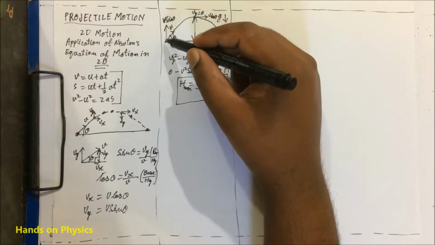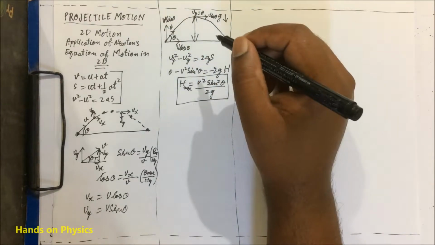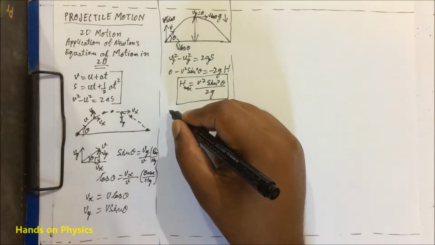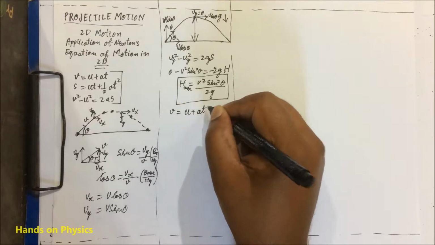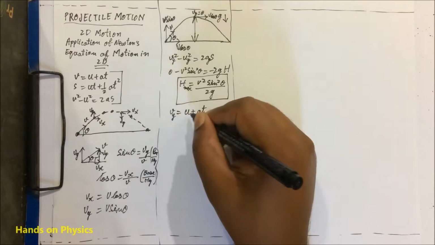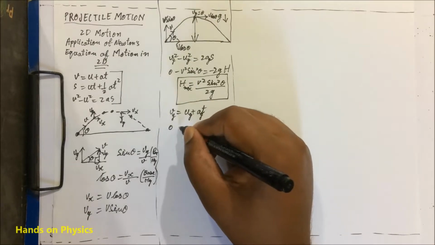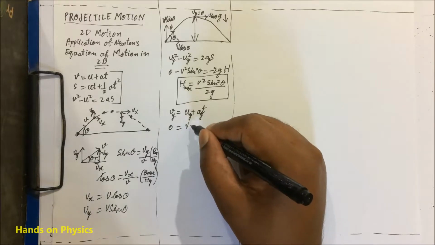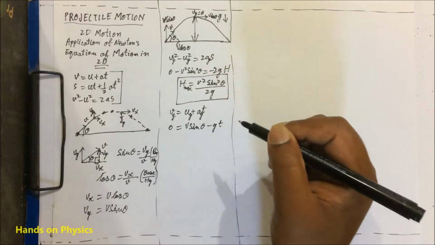Now we know the initial velocity v sine theta in the y-axis direction, we know the acceleration, and we know the final velocity, so we can also find the time using Newton's first equation, v equals u plus at. These are all in the y-axis direction. The final velocity is 0, and the initial velocity is v sine theta, minus g times t.